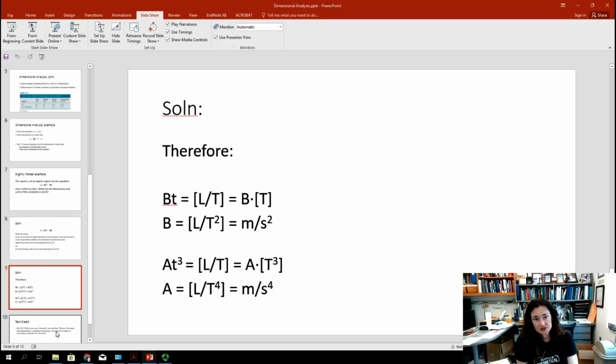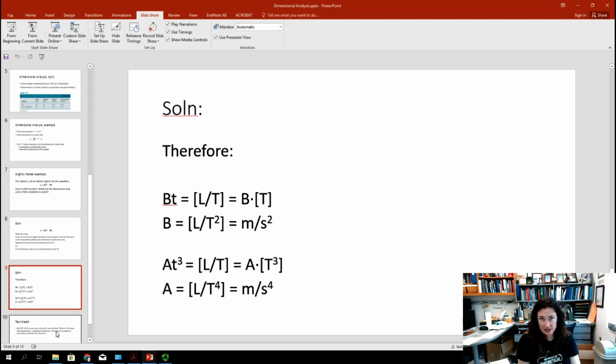Well, we divide both sides by whatever's multiplying b. In this case, time. So that means that b is equal to length per time divided by time, which is length per time squared. Now the SI units there would be meters per second squared. So that means that the dimensions of b are length per time squared, and the SI units of b are meters per second squared.